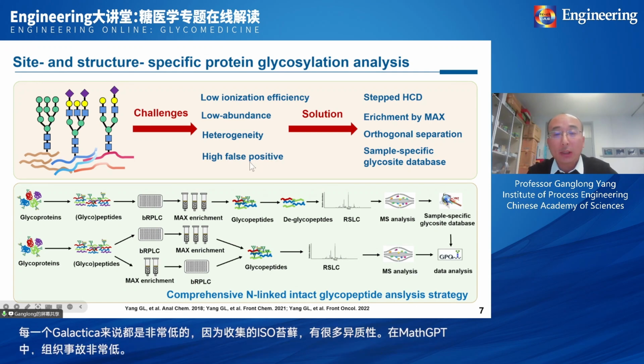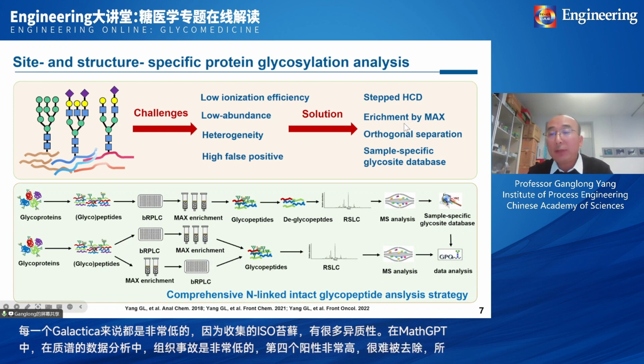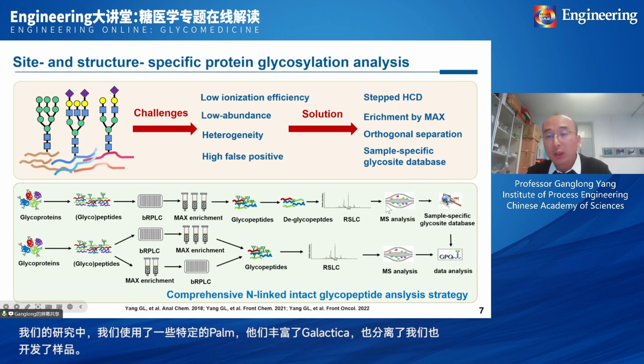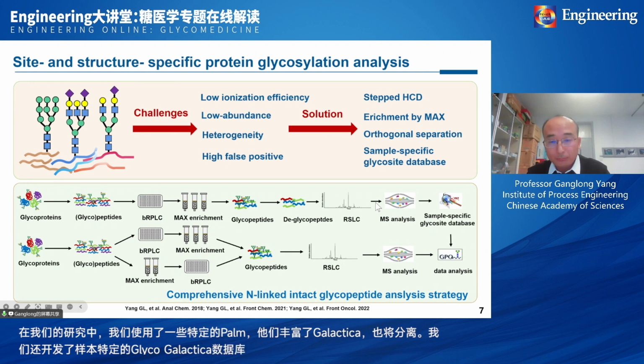In the data analysis of mass spectrometry, the false positive rate is really high, and it's hard to remove. So in our study, we use some specific column materials to enrich the glycopeptides and also separate them. We also developed a sample-specific glycosite database to decrease the false positives.